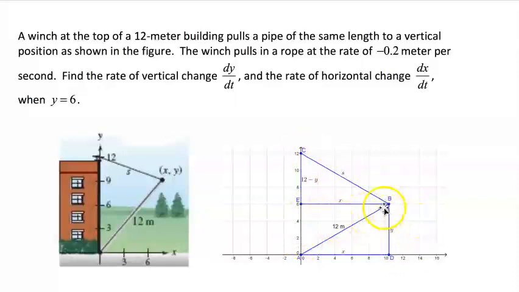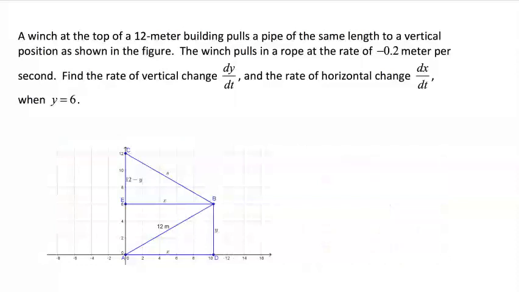So if the vertical distance is y, this distance in this triangle is 12 minus y. So we have one triangle that x is the base, 12 minus y is the height, and the hypotenuse is s. The other triangle, x is the base, y is the height, and the hypotenuse is 12. So those are the two triangles we're going to use to do our analysis.